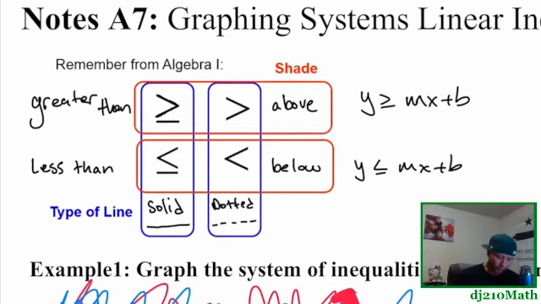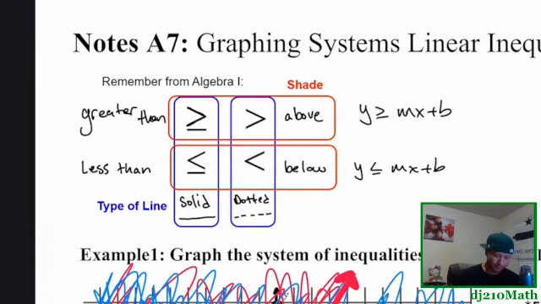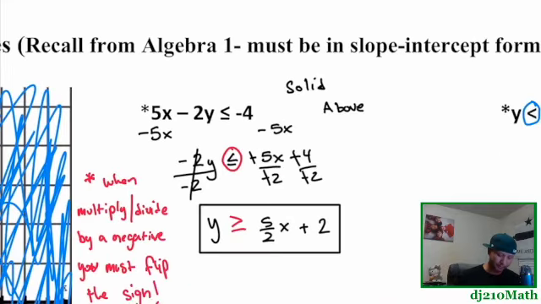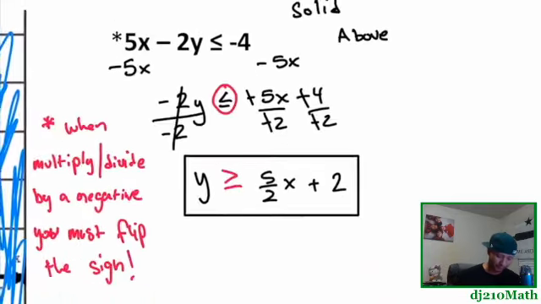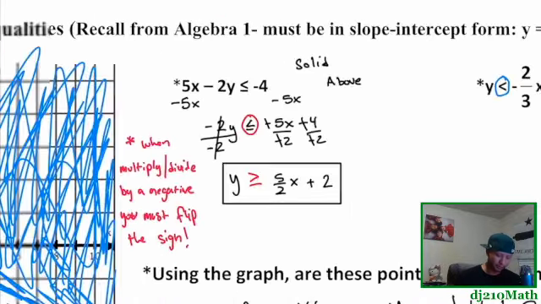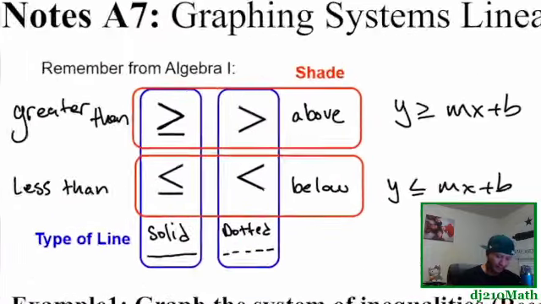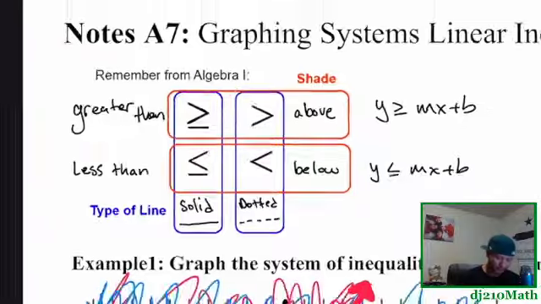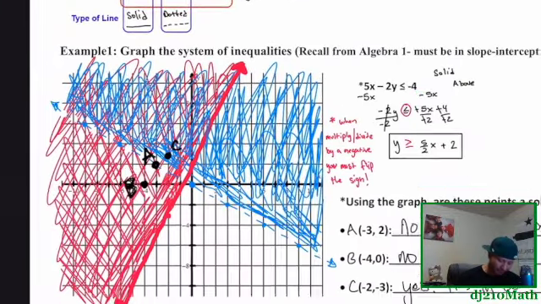So regardless of what equation you're given, right, you should be able to know how to algebraically manipulate an equation to get y by itself. Once y is by itself, then you can do a little quick analysis and figure out, okay, is the line solid, dotted? Do I shade above or below? And then you do that.